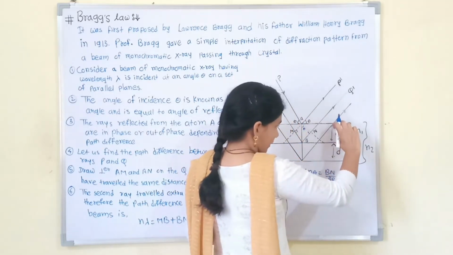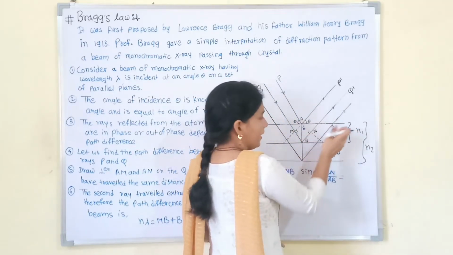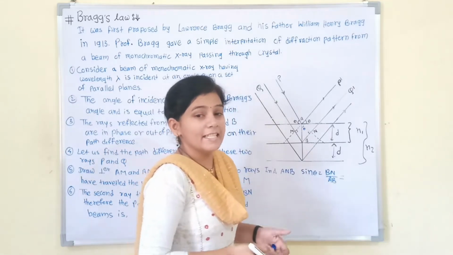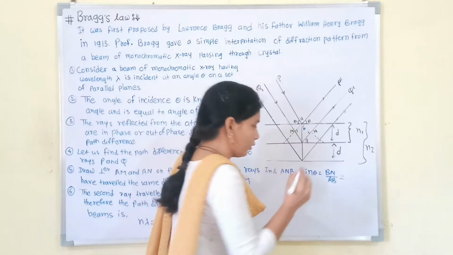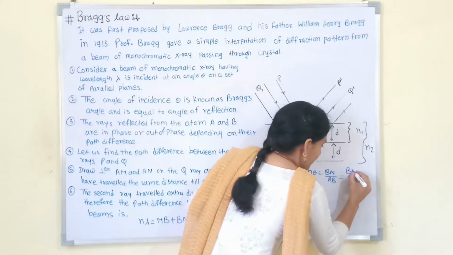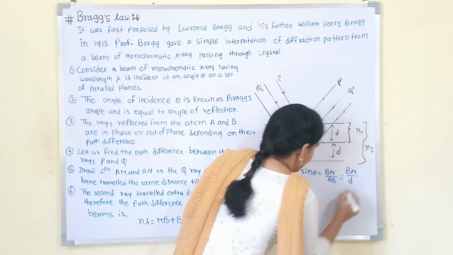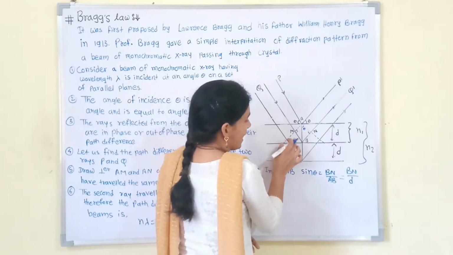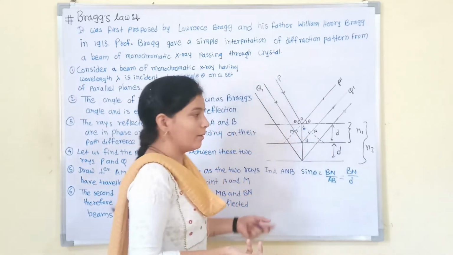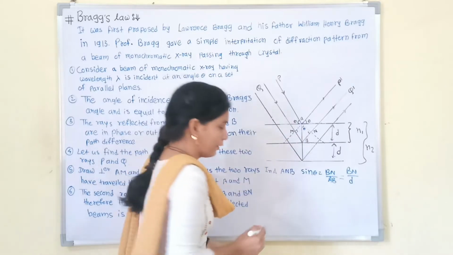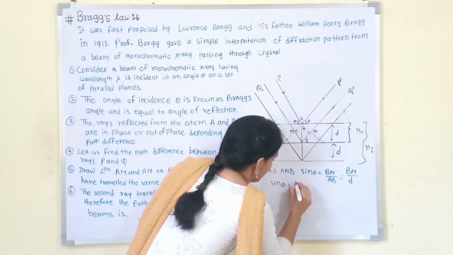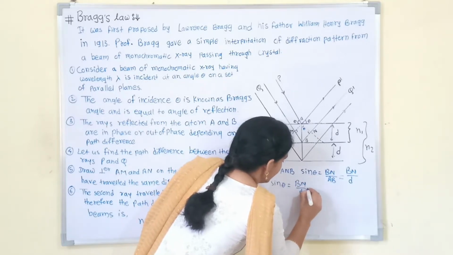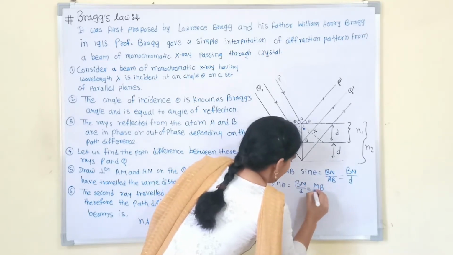We know that AB is d, that means the distance between two parallel planes, or interplanar spacing. So we can write BN divided by d. We know that MB and BN are equal because of this normal. So sin theta is equal to BN divided by d and MB divided by d.